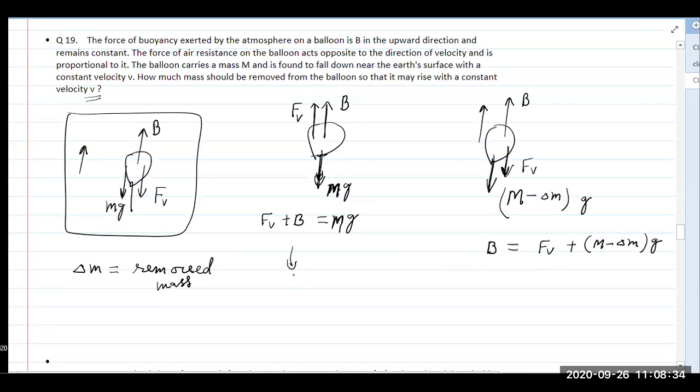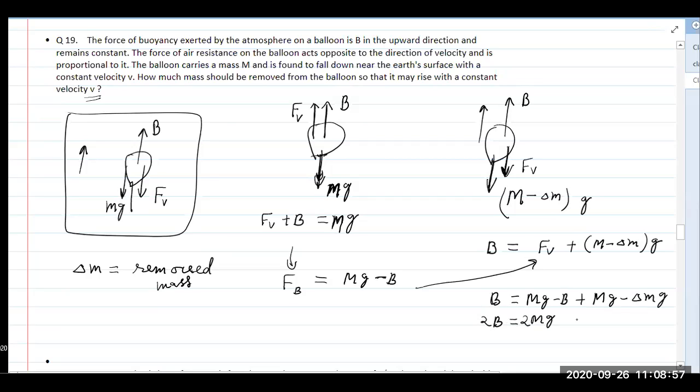Fv is from here: Fv is Mg minus B. If we put this here, we have B equal to Mg minus B plus Mg minus delta m g. So 2B equal to 2Mg minus delta m g.